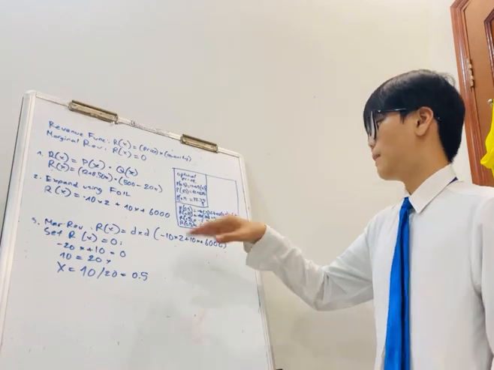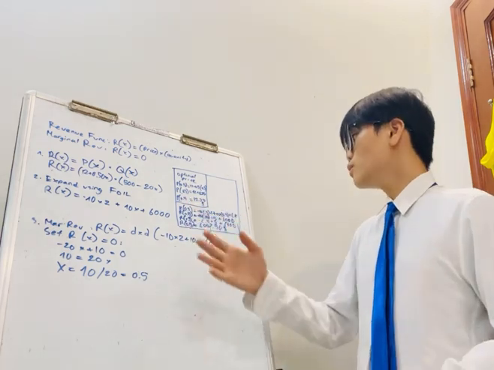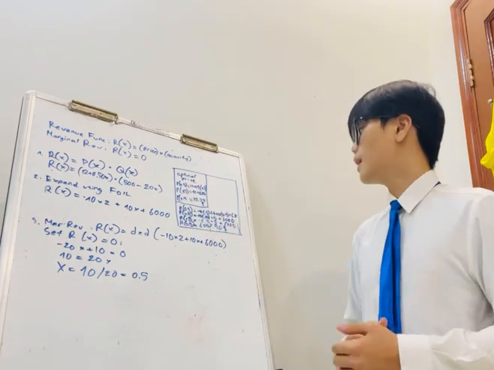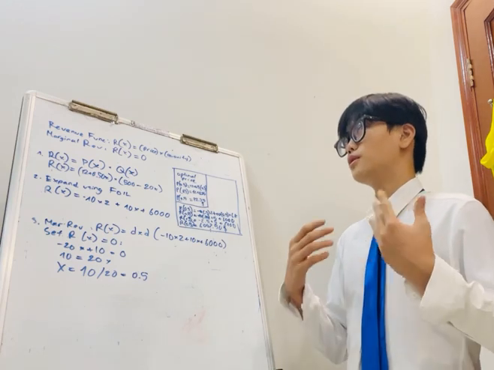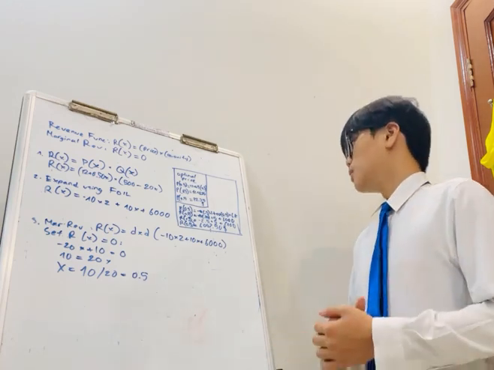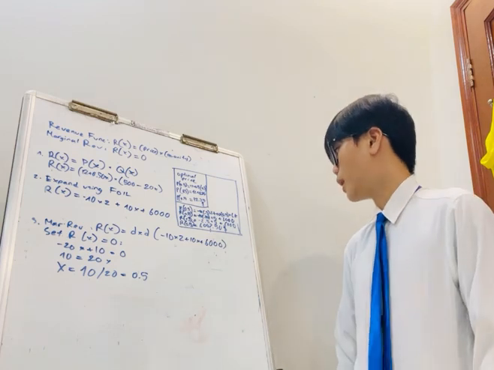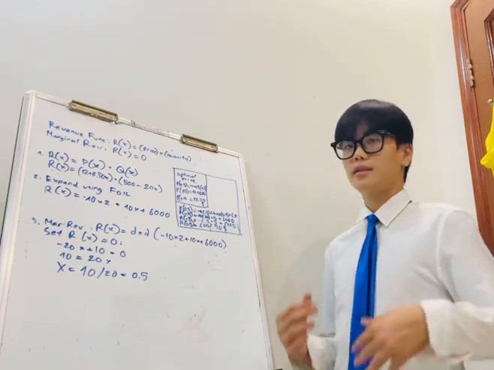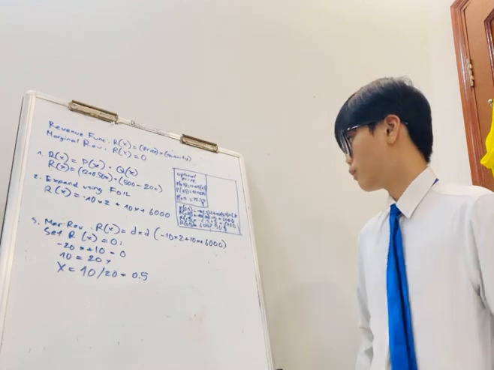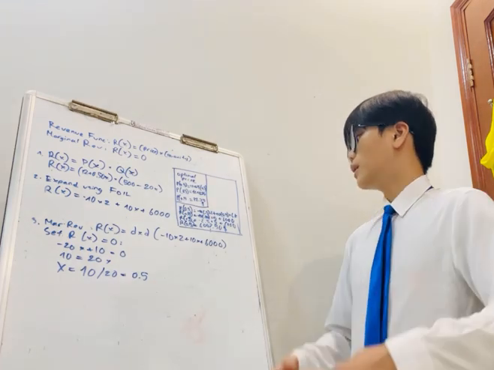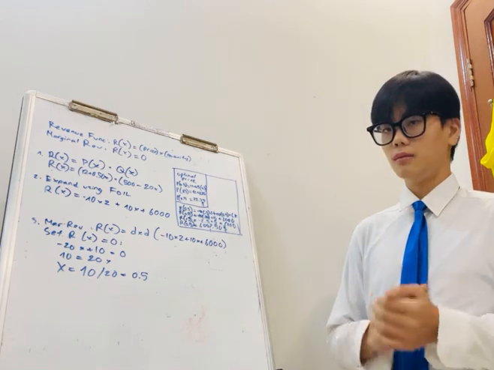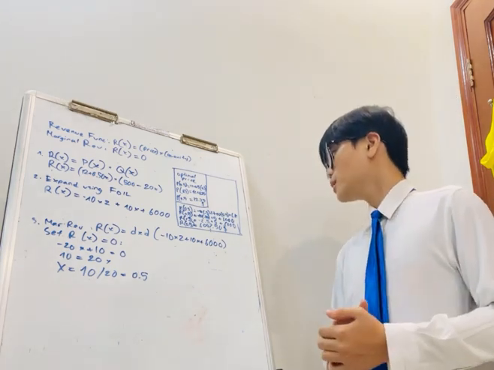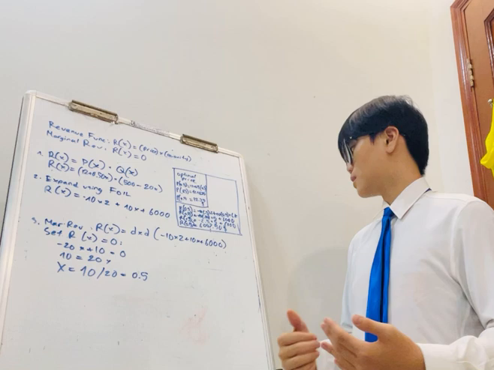To find the maximum revenue, I'll calculate R(0.5) as minus 10 multiplied by 0.5 squared, which is 0.25, plus 10 multiplied by 0.5, which is 5, plus 6,000, which is the original revenue. So R(0.5) equals minus 10 times 0.25 plus 5 plus 6,000.